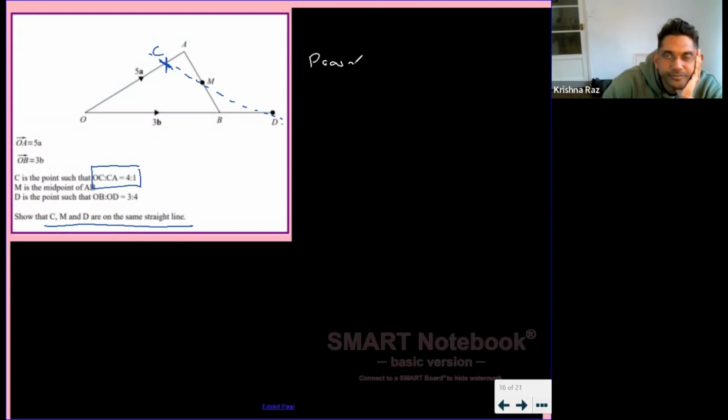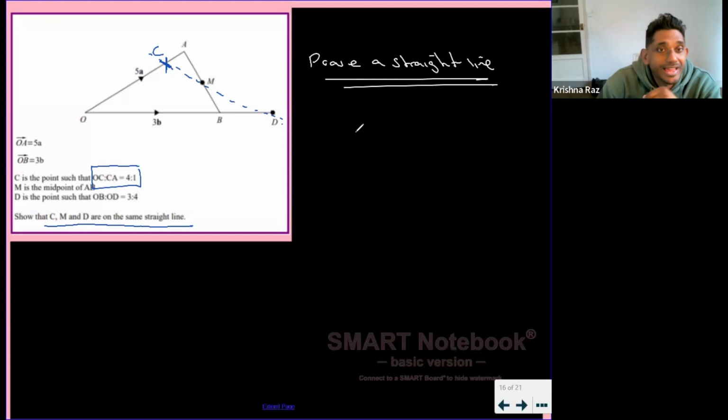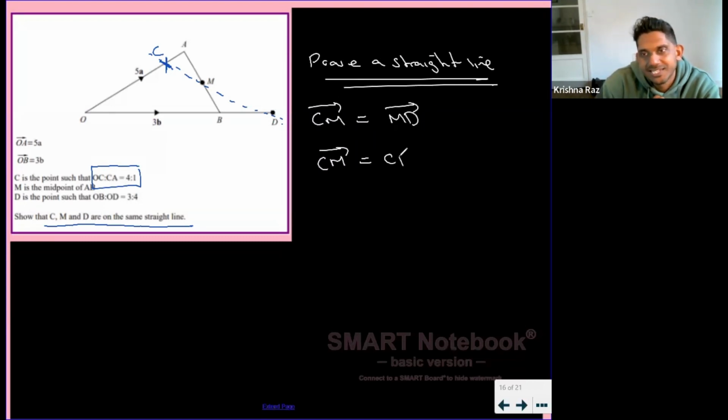So to prove a straight line, we need to show that either CM is a multiple of or factor of MD, or CM is a factor of CD, or MD is a factor of CD.